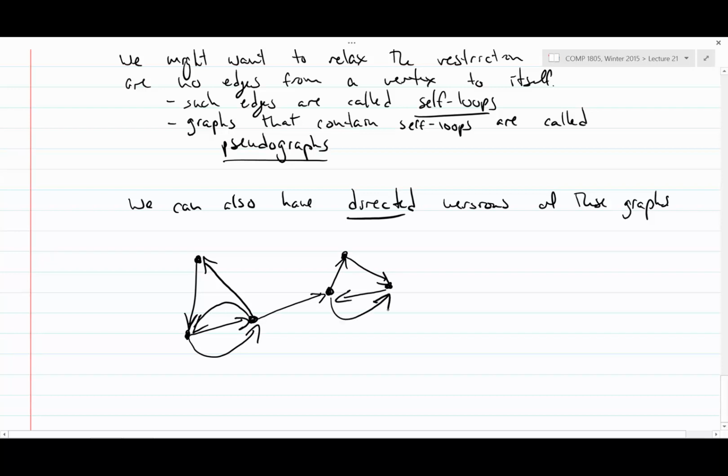Something like that would be a directed multigraph. Does that make sense? So you could draw the arrow in, but of course it doesn't have a particular meaning because you can always follow that edge somehow.